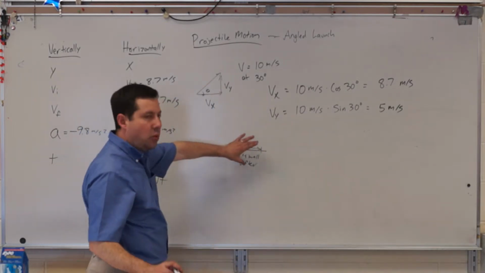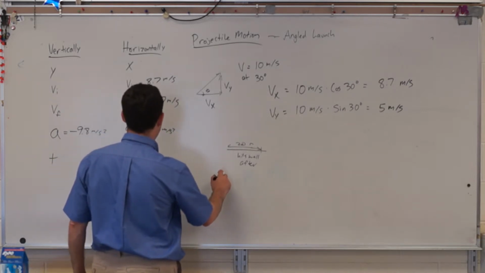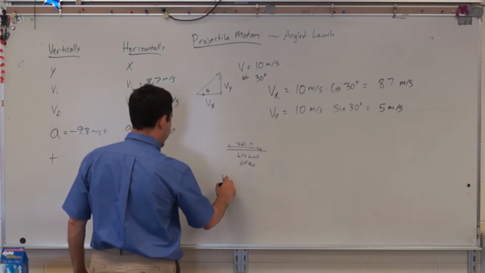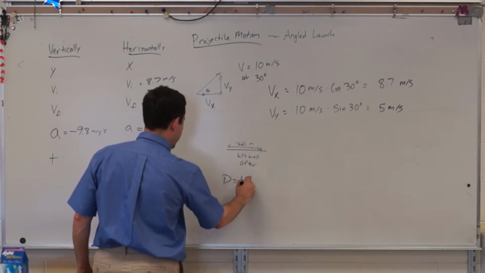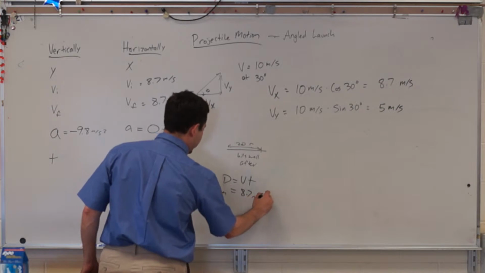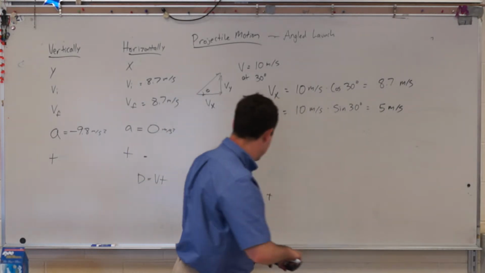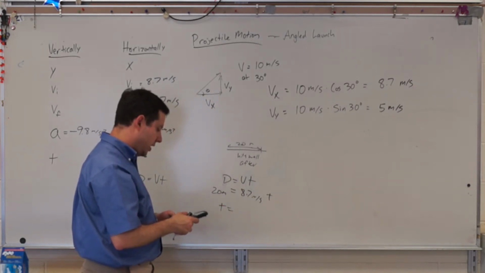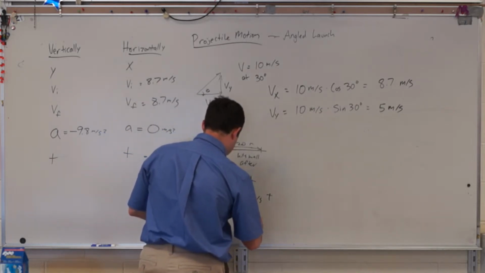Well, you know that it's gone 20 meters, and it's doing it at a constant speed, so distance is velocity times time. It's gone 20 meters when it hits the wall, 8.7 meters per second times time, so your time is going to equal 20 divided by 8.7, which is 2.3 seconds.